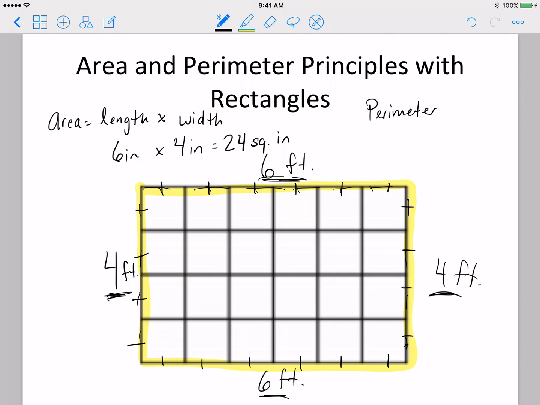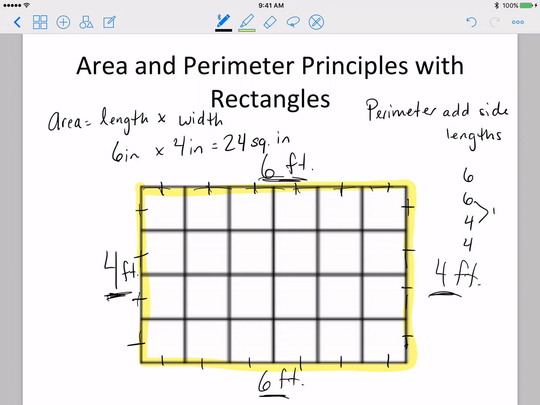Another way we can do this that is more efficient, and probably the preferred way we want you to do this, is to add up the side lengths. So we know that the perimeter, we're going to add the side lengths. Okay, so for this one, I'm going to add 6 plus 6 plus 4 plus 4.